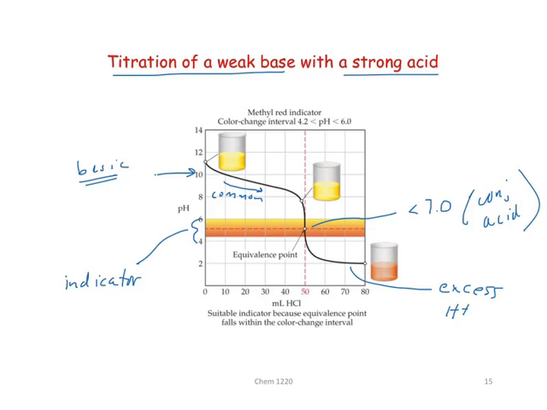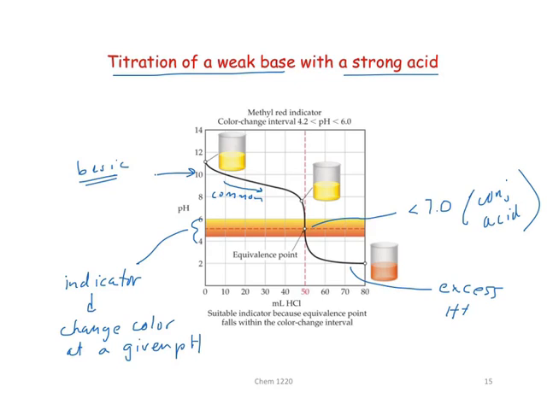All right? And an indicator is usually an organic molecule that has some acid-base properties. And what happens is when we protonate it or deprotonate it, we change its ionization state. It changes color. Okay? And so this can change color at some given pH.